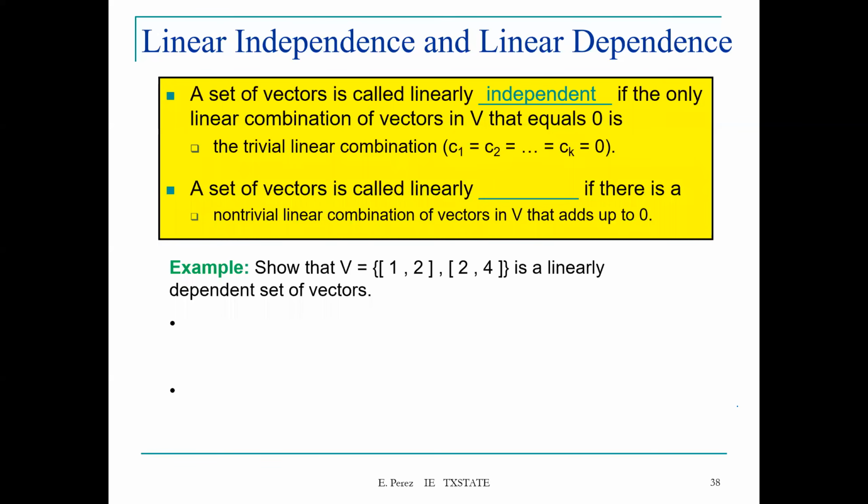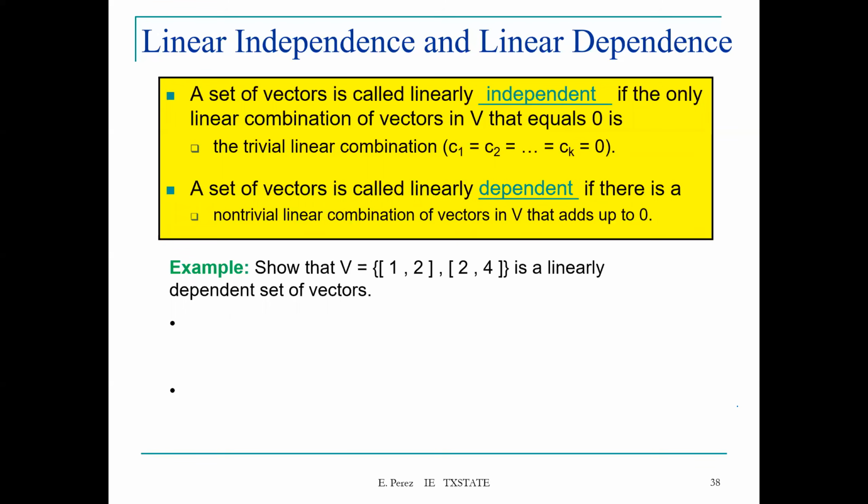So if the only way that you can make the linear combination of vectors in V equal to 0 is by multiplying those vectors by coefficients equal to 0, then those vectors are said to be independent. A set of vectors is called linearly dependent if there's a non-trivial linear combination of vectors in V that add up to 0.